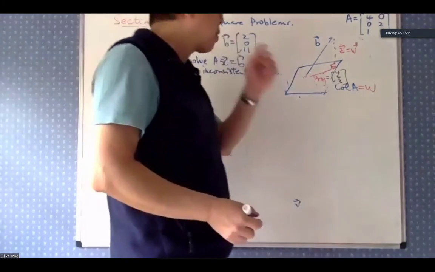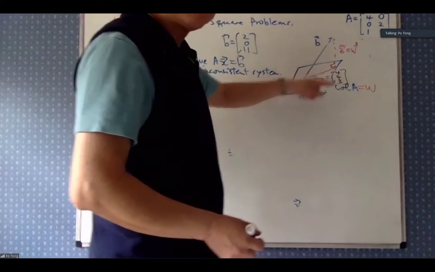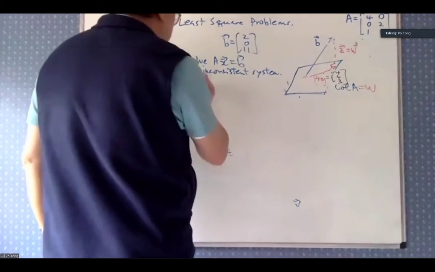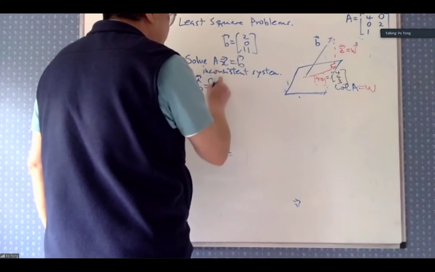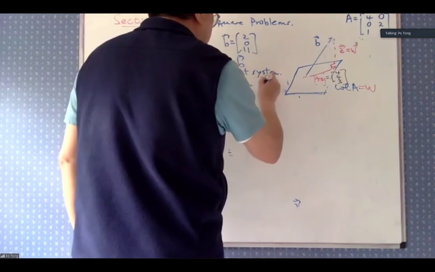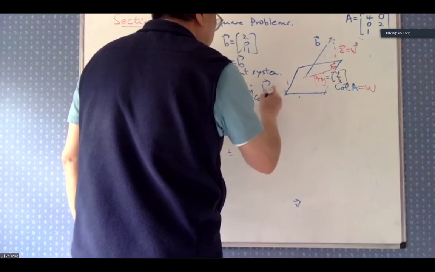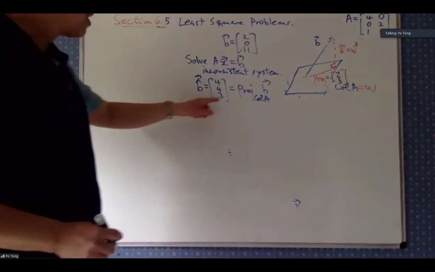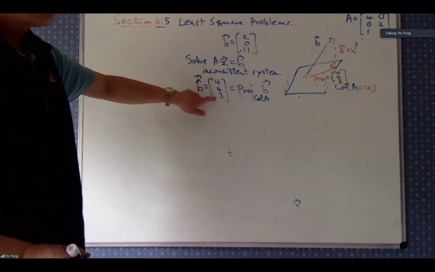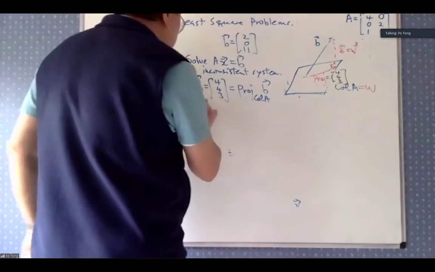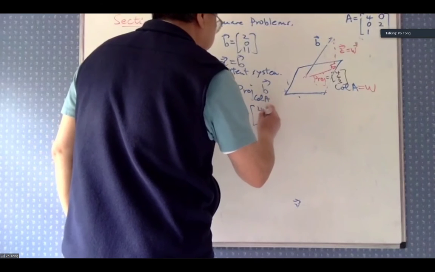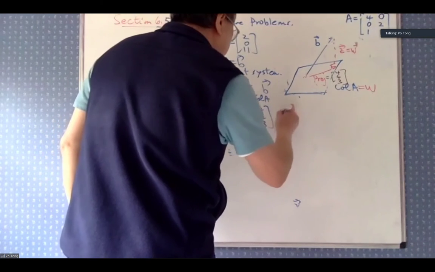But when you try to project this onto the column space, you get this B hat, which is equal to 4, 4, 3, the projection of B onto the column space of A. Because you project onto the column space of A, by definition this is in the column space of A. So when you try to solve this, it is going to be consistent.